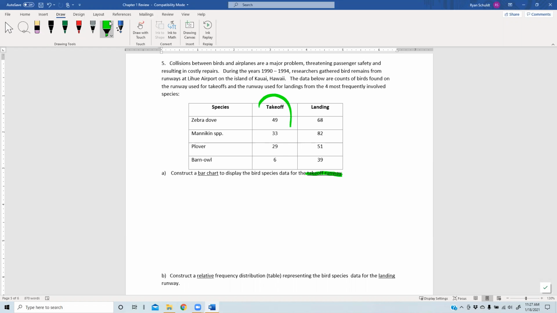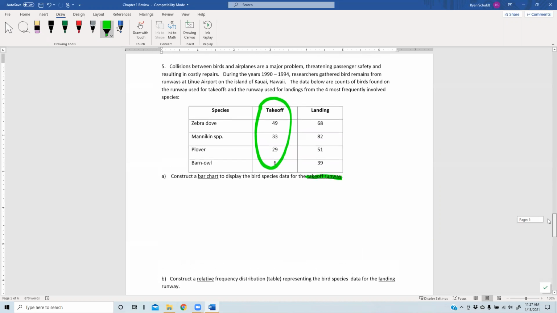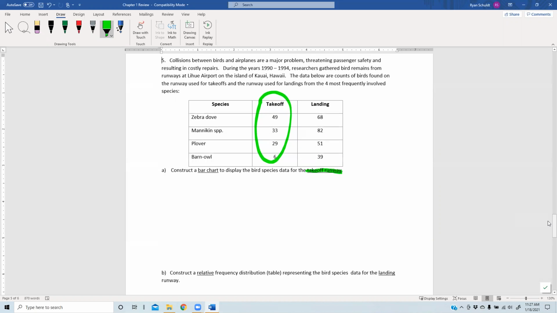That's going to be this column that we do the bar chart on. Okay, so let me get at least a bare bones bar chart in here that we can use to create our chart that it asks us to create.